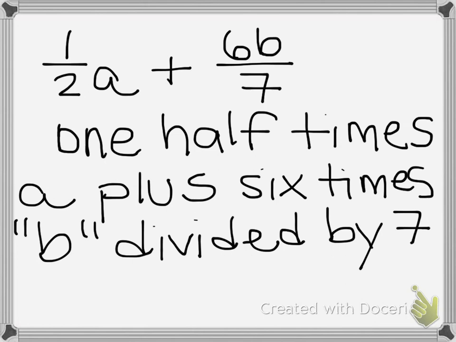Notice this time I put the actual letter in quotations instead of writing the letter as the word a number. So you would read this as 1/2 times a plus 6 times b divided by 7.